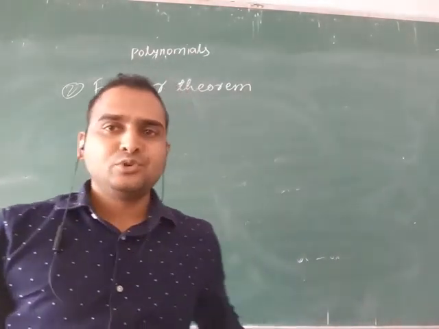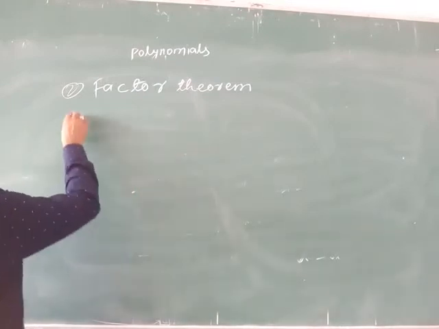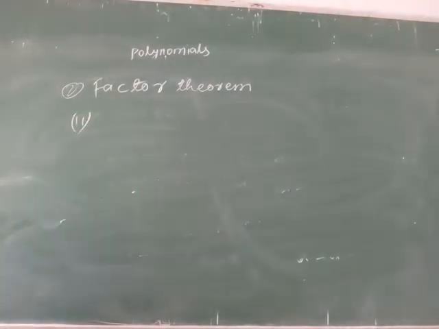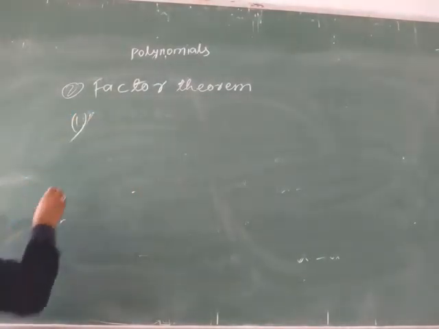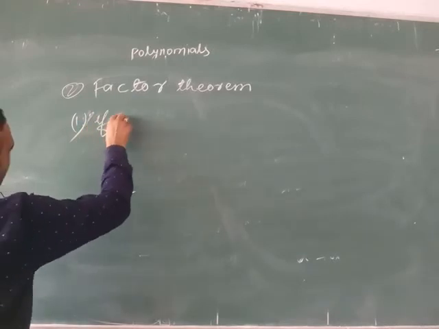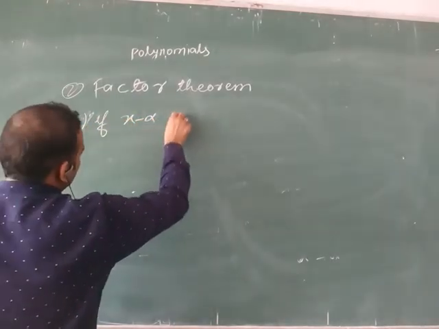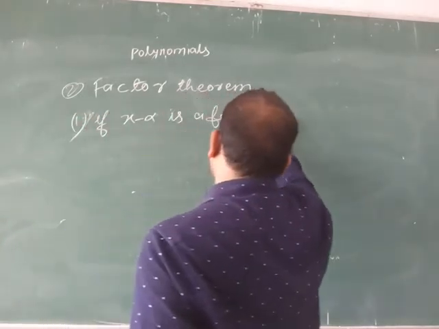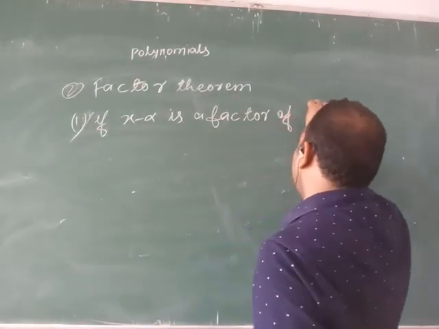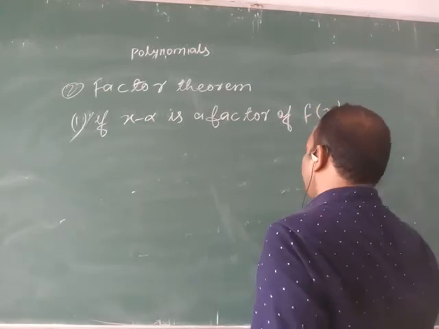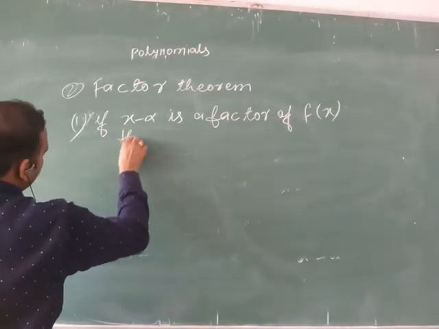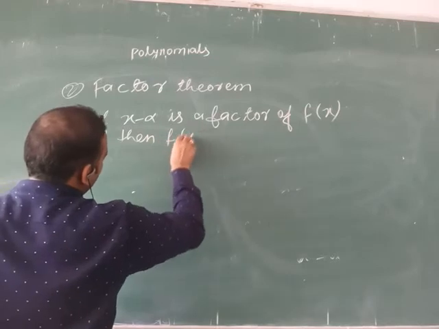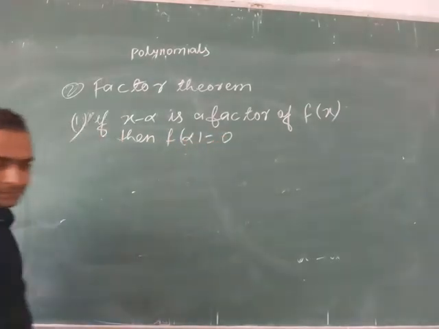Then we have two results. The first one is: if x minus alpha is a factor of f(x), then f(alpha) is equal to 0.